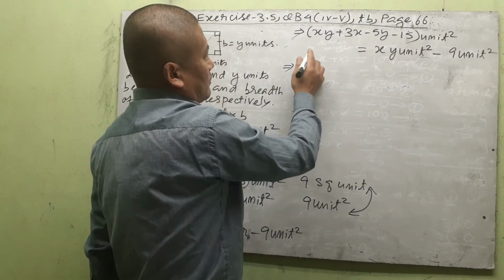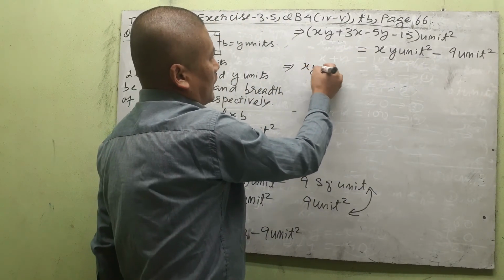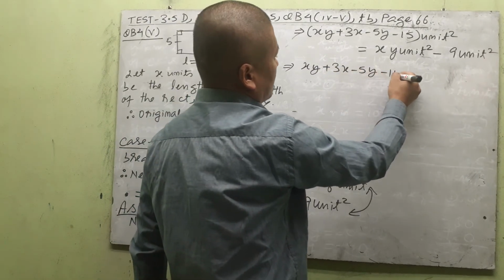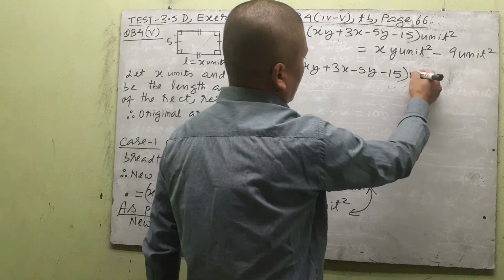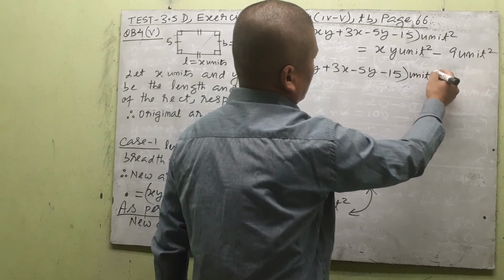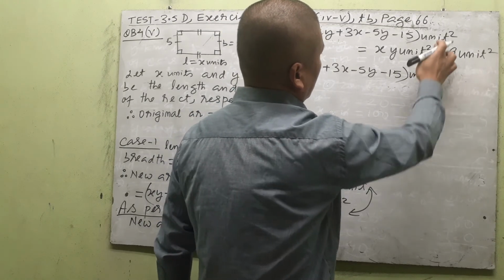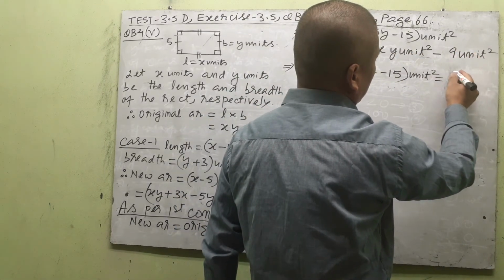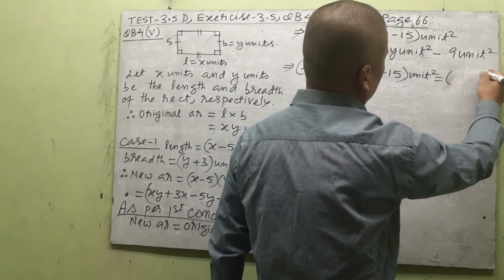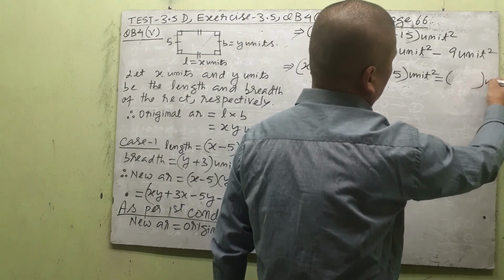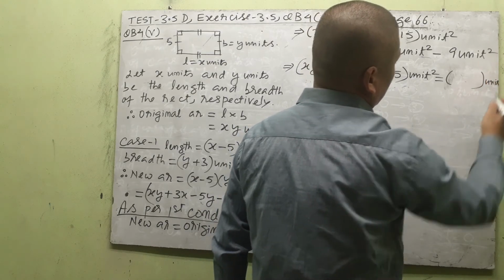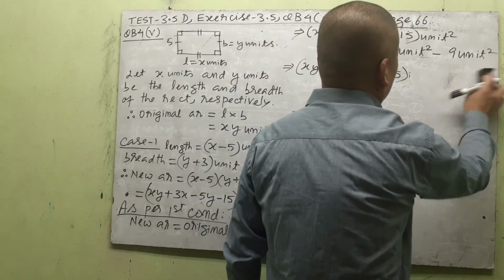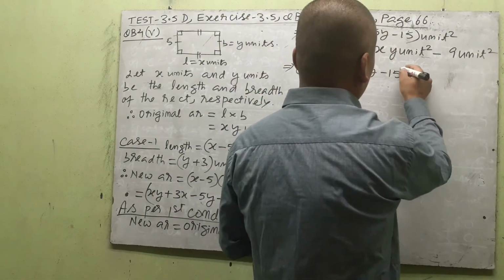Let's try this one. So here xy plus 3x minus 5y minus 15 unit square equal to, here unit square, you can bring it out of the bracket. I need a little bit more space, so let me write it a little bit tightly.